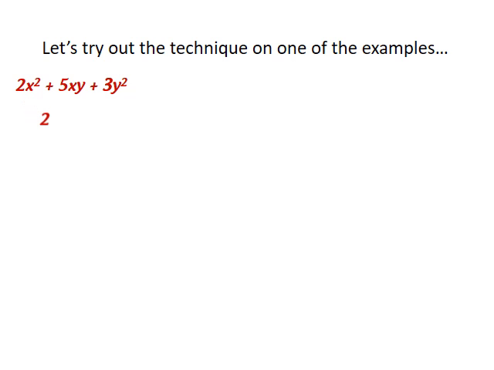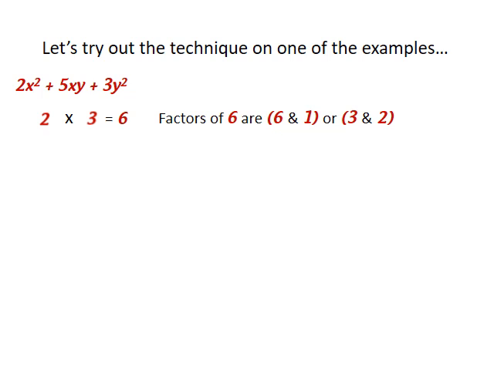So we take the coefficient of the first term, take the coefficient of the second term, and then multiply it to find out the value of the product. And then what do we do? We find factors of this product. So factors of 6 are 6 and 1 and 3 and 2. And which is the one we will choose?